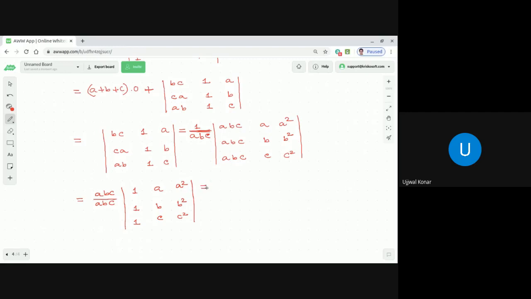Now ABC by ABC is nothing but 1. So we land up with 1, A square; 1, B, B square; 1, C, C square, since ABC is not equal to 0, which is quite obvious, and that is nothing but the left-hand side determinant.